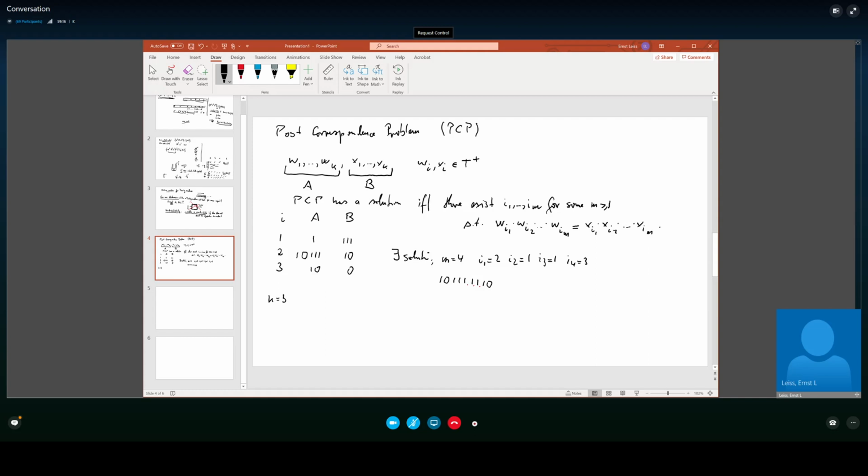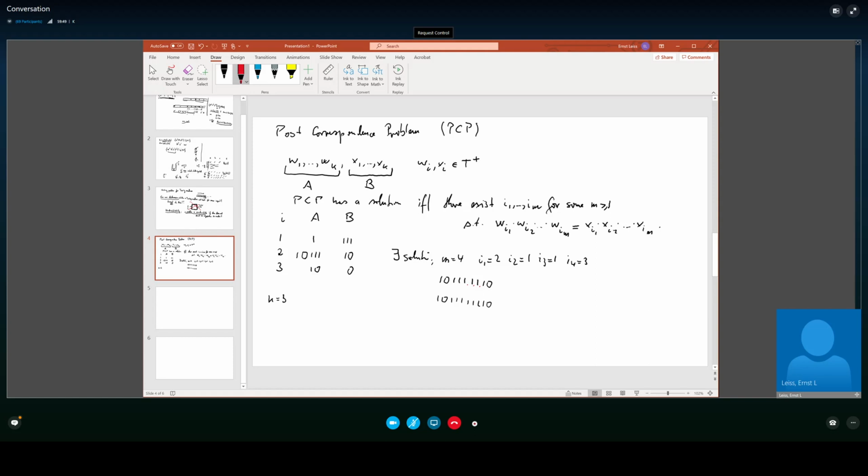And now I look at the x's. The first word is x2, so this is 1 0. Then I2 is 1, so that's 3 1s. I3 is 1, that's another 3 1s. I4 is 3, which is 1 0.